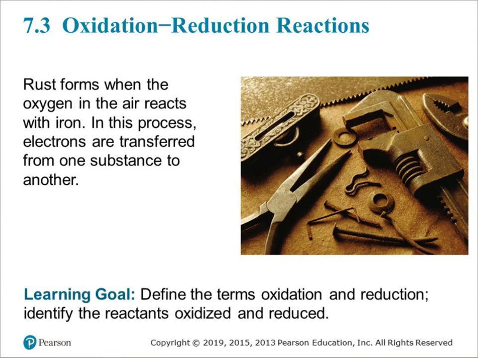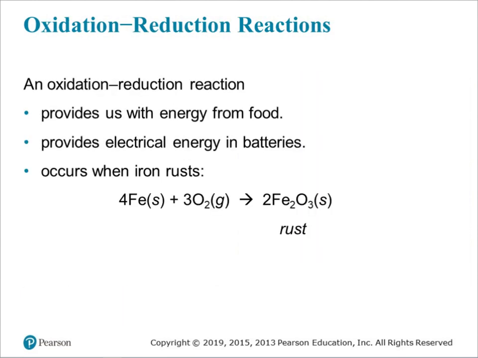That is an oxidation-reduction reaction that I hope you never have to encounter. Other examples are the reactions that happen in our bodies to convert the food we eat to energy, and also all of your electronics. They have batteries, and that electrical energy is coming from oxidation-reduction reactions.